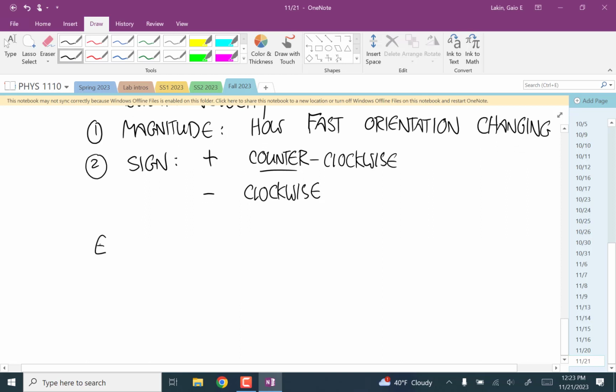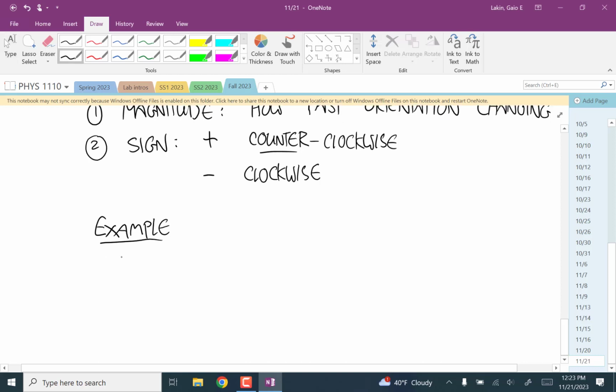Okay, so let's think of relating this to units we're more used to. Let's say that you have a propeller rotating at 2,000 RPM.